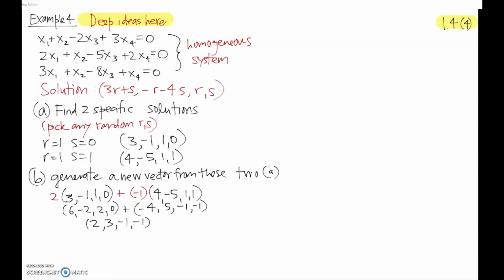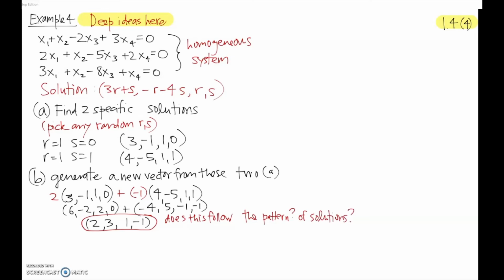How about positive 1 here? Yep. Okay, 2, 3, 1, negative 1. And then I ask, okay, this new thing I generated, this linear combination of those 2 solutions, does this follow the pattern of solutions? In other words, is this another solution?